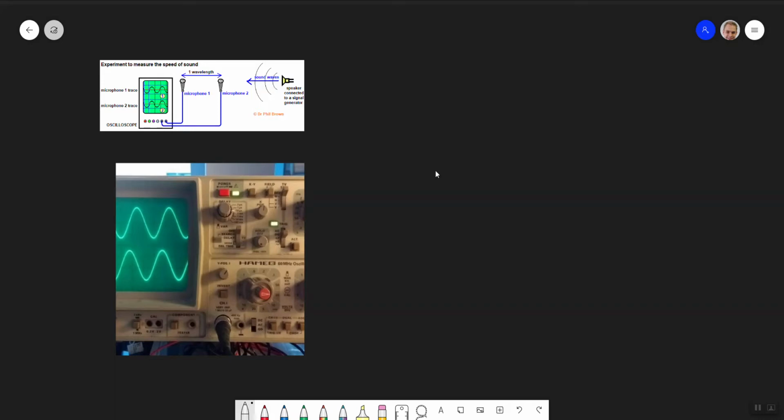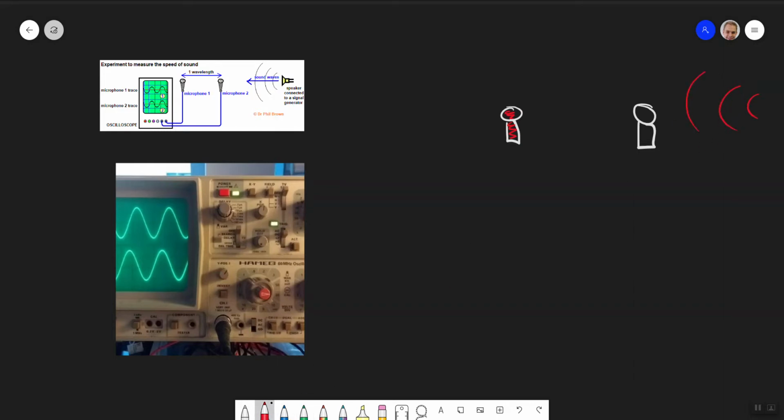Now the way this works is, if you've got microphone 1, and there's microphone 2, I'm going to colour these in a slightly different colour, red one. And we've got our sound waves coming from this direction over here.